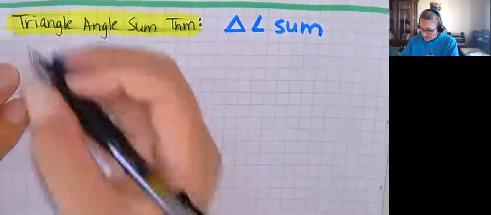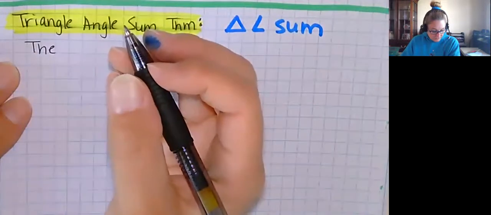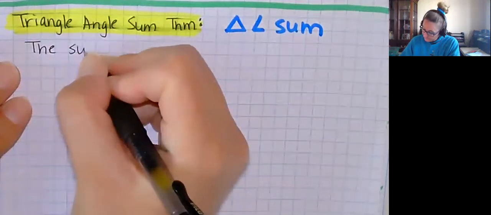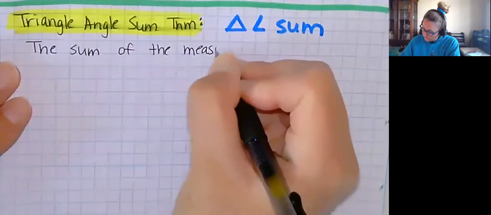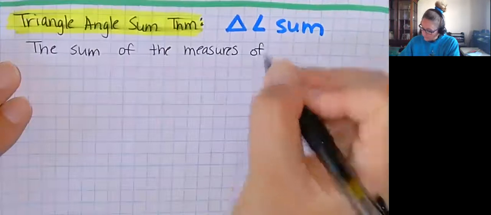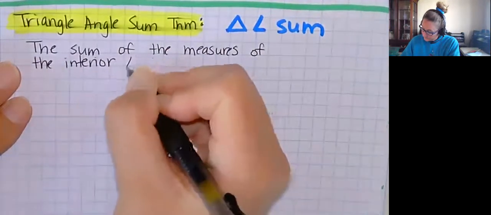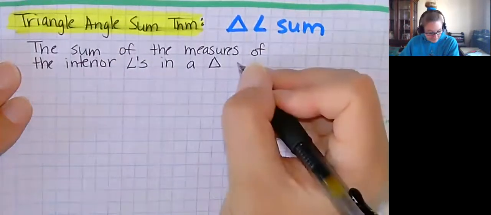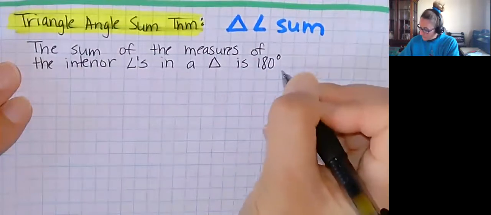And so the sum of the measures of the interior angles in a triangle is 180 degrees.